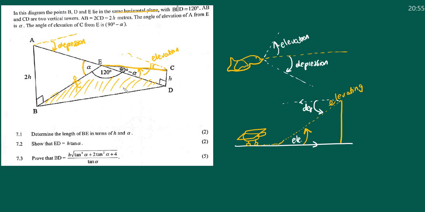Sometimes you don't even need that information, it's just there to complete the statements, just used to describe these angles. Instead of saying you have angle alpha as AEB, they are going to say the angle of elevation from E is alpha.